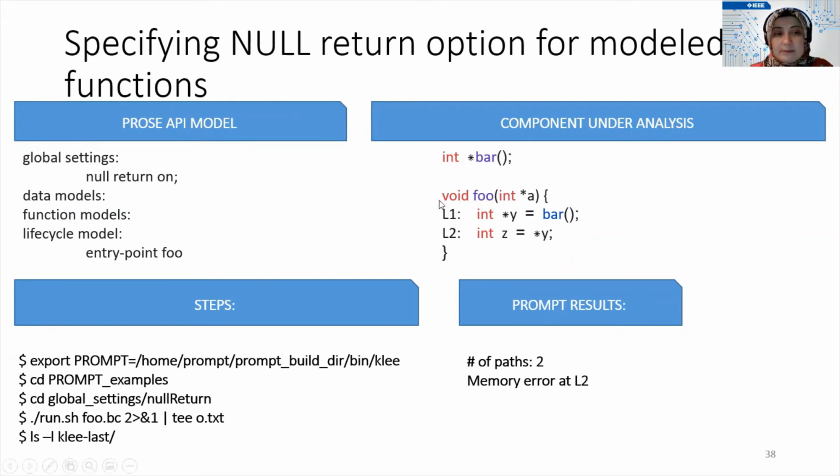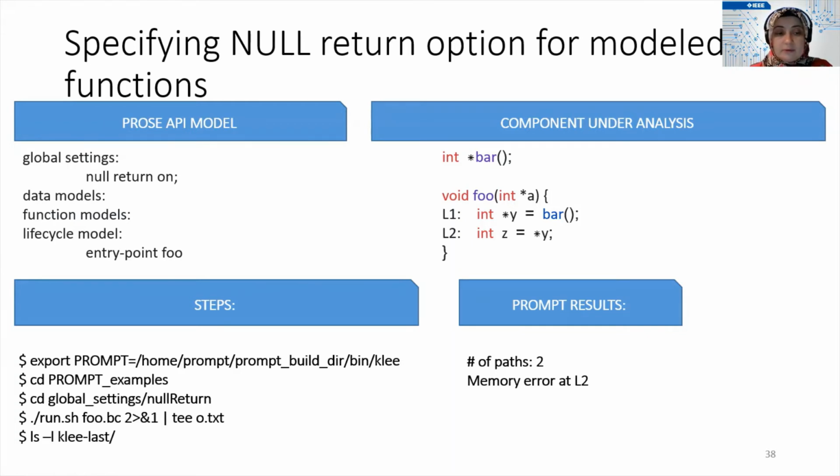So in this example, let's say that, yes, foo is our entry point as usual, and we're calling bar, and we're storing the result in pointer y. So since on one of the paths, a null value will be considered for y, on this line L2, when we dereference this pointer, we should get a memory error.